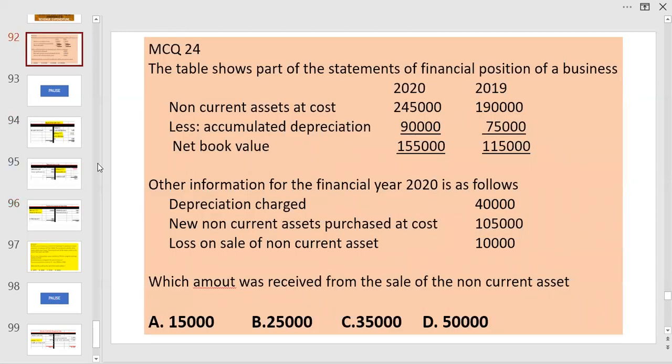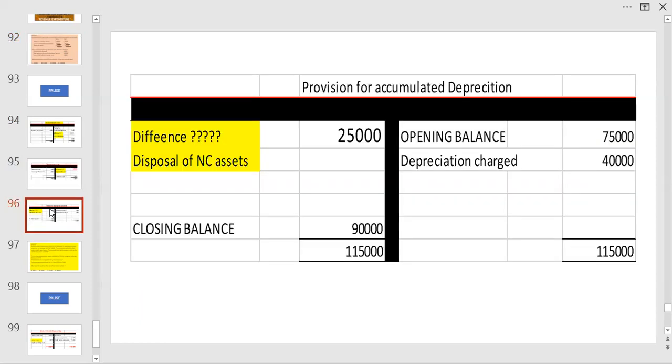Here again, the depreciation charge for the year is also given in the question, which is 40,000. Then what is the difference? Now, when you want to balance it, the difference is 25,000. This obviously is the accumulated depreciation in connection with the asset that was disposed.